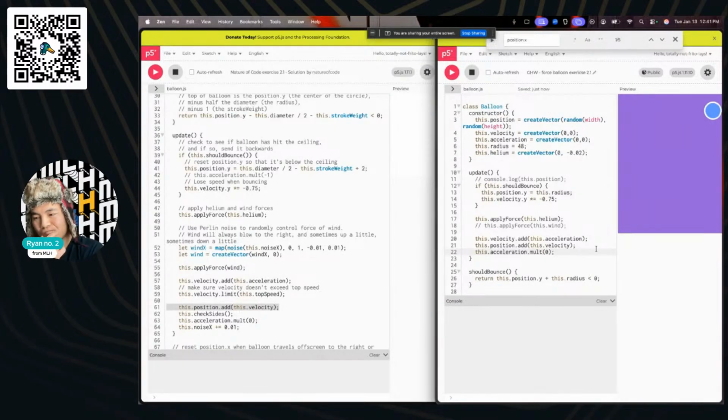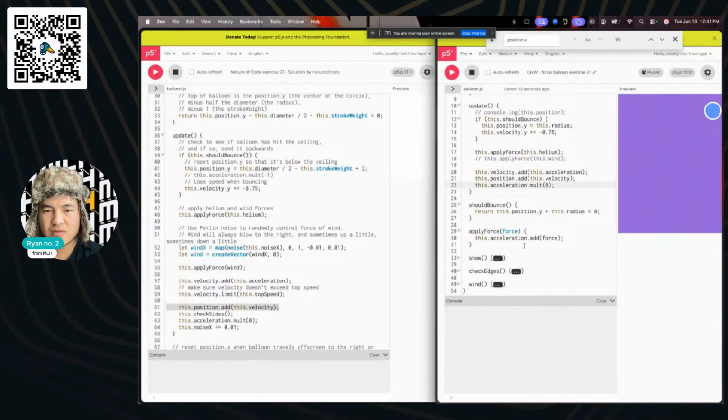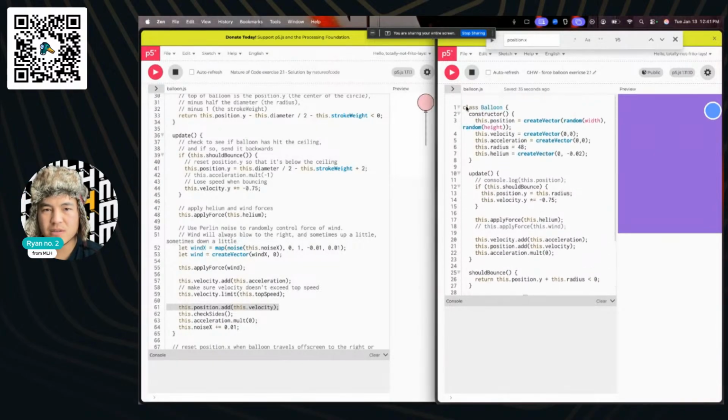Hmm. this.applyHelium. Helium is just a normal math function. Yes.